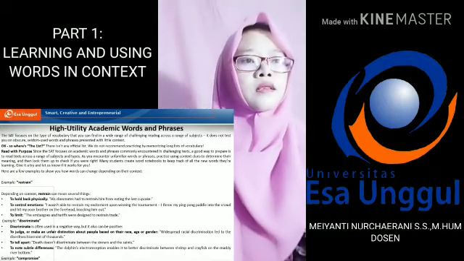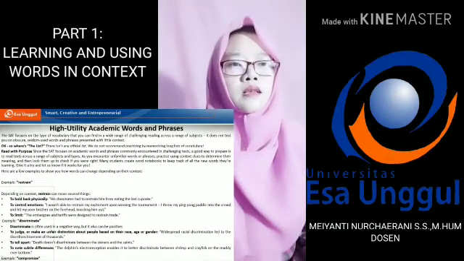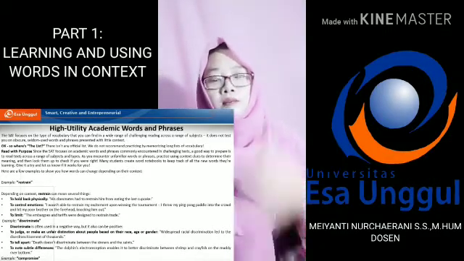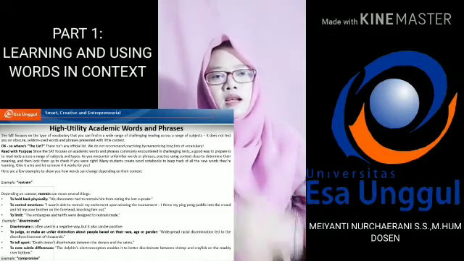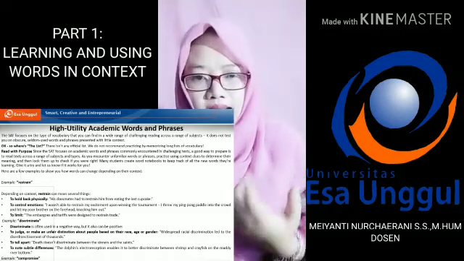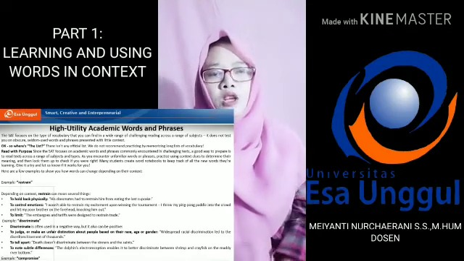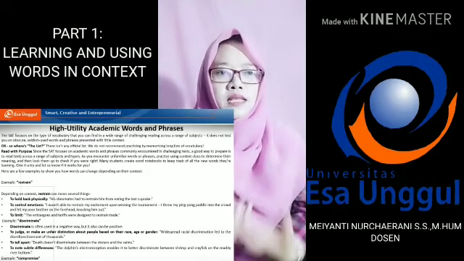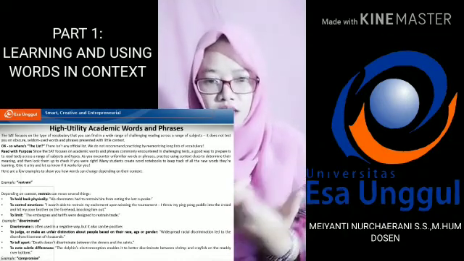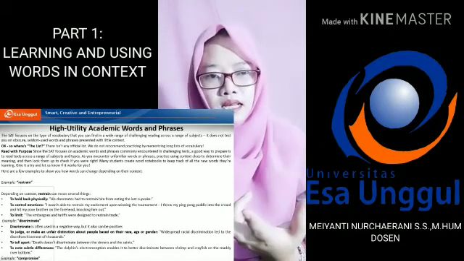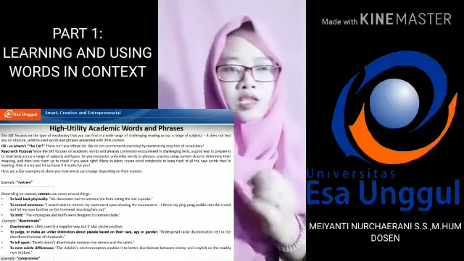Okay, I'm giving you an example. It's just like restrain. Depending on the context, restrain can mean several things, just like to hold back physically, to control emotion, to limit. And then the next one is discriminate.